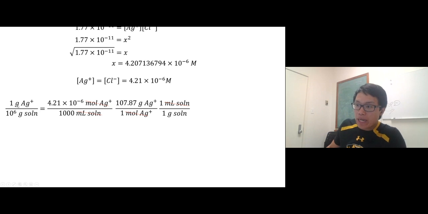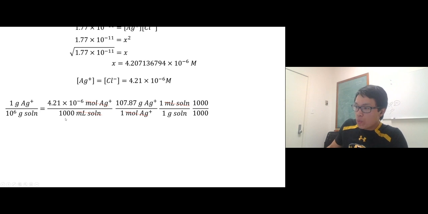The unit that I want is gram of silver ion per 10 to the 6 gram of solution. At the bottom right now, I have 1,000 gram of solution already. All I need to get to 10 to the 6 gram of solution is times 1,000 at the bottom. And if I multiply by 1,000 at the bottom, I have to do it at the top too, so I can't change the value. The whole term is 1.